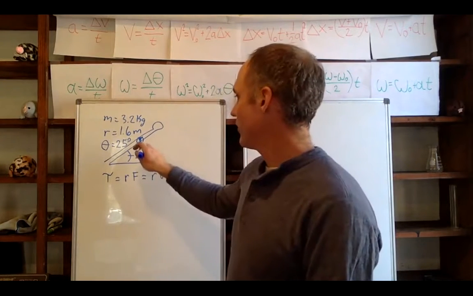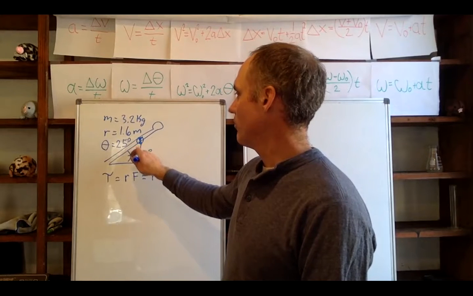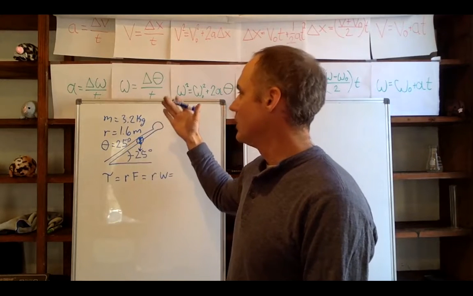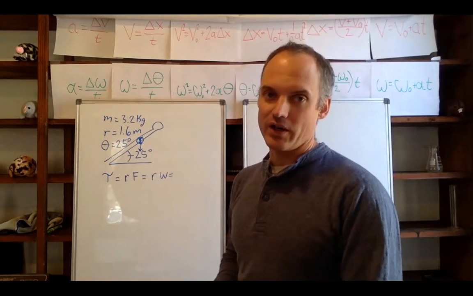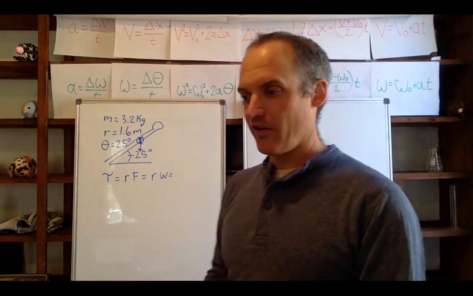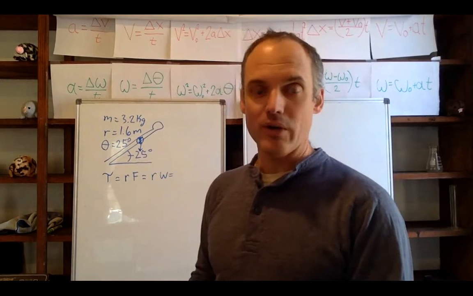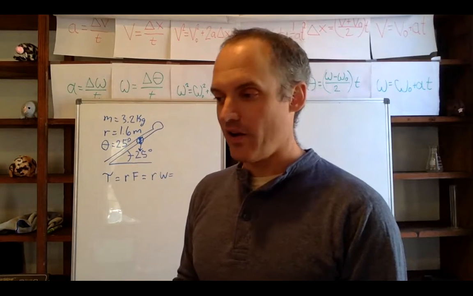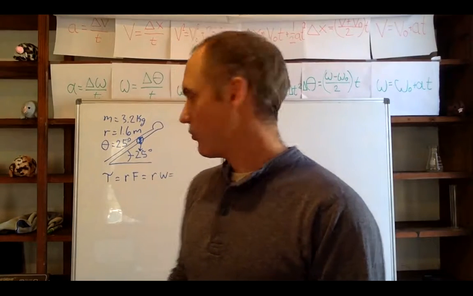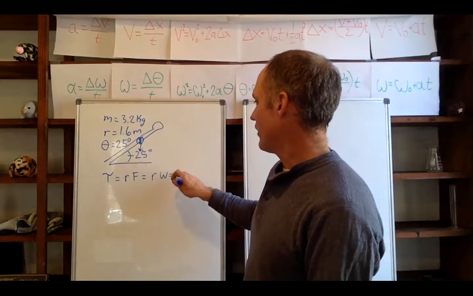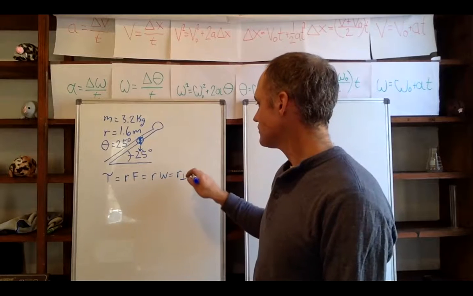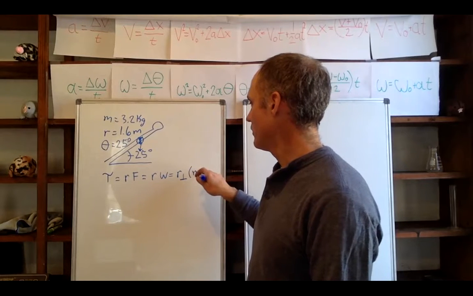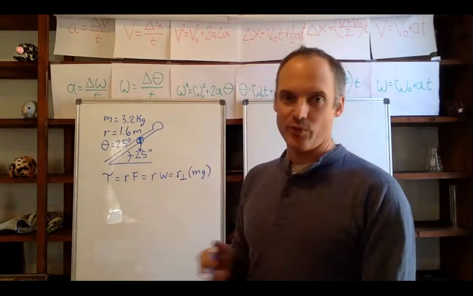The problem is though that this flagpole, the weight is actually going to pull straight down, so that angle doesn't really work. What we need instead is our moment arm. We need to measure the radius of the moment arm, which would be R perpendicular, and mg is your weight.